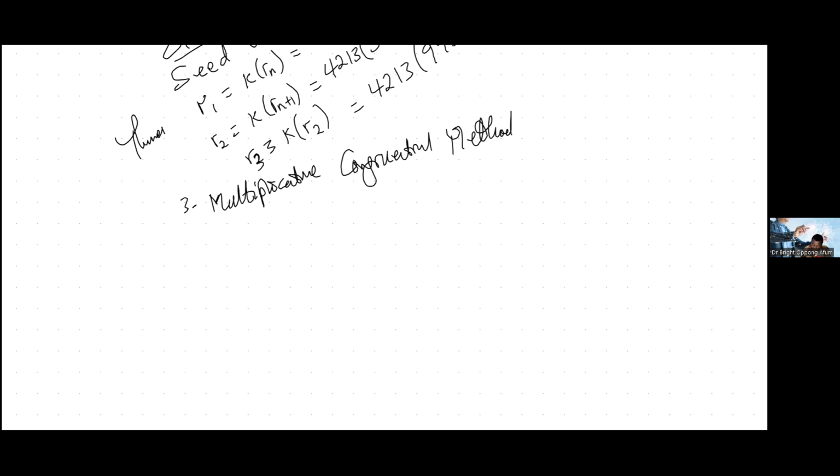It's given by the next random number being a constant times the random number mod m. So the m is actually the first.